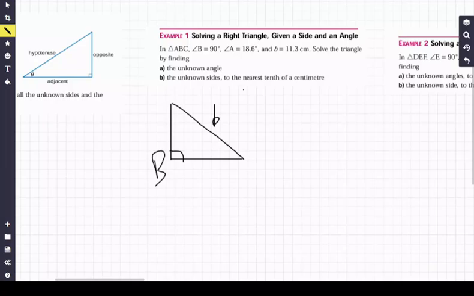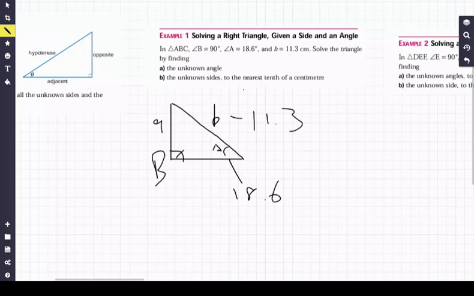And now we're gonna go ahead and see A. So this one doesn't look like 18.6, so we'll do this as A, and this side is A. So this angle is 18.6, and we already know this is 90. We also have side B, which is 11.3.